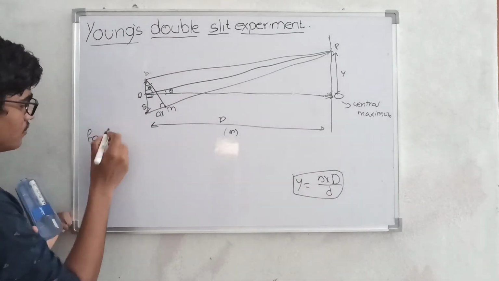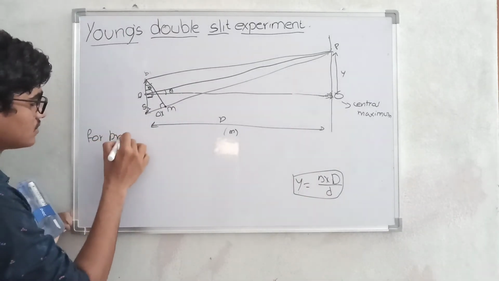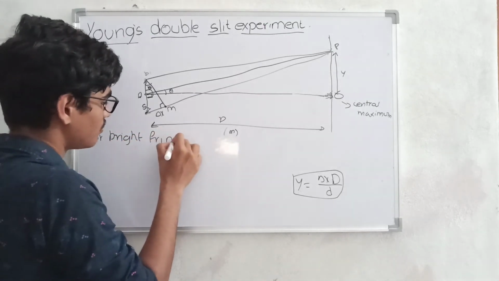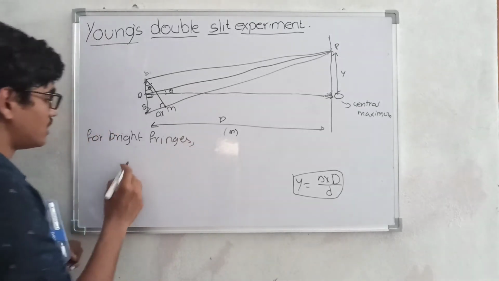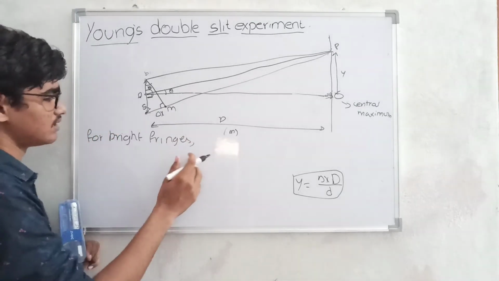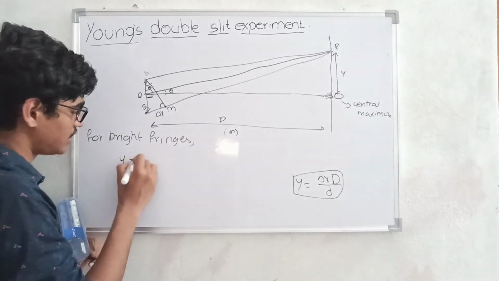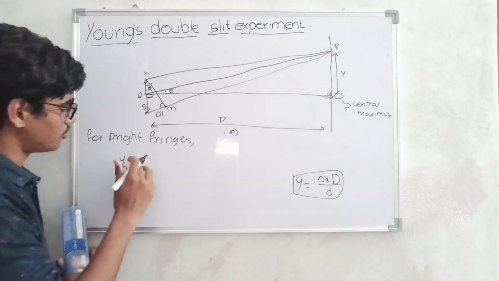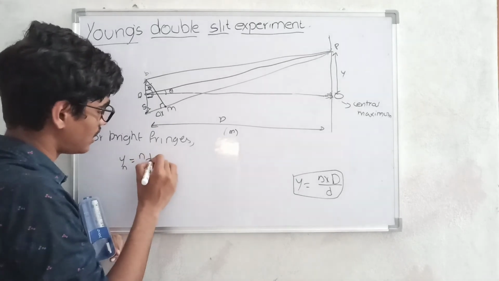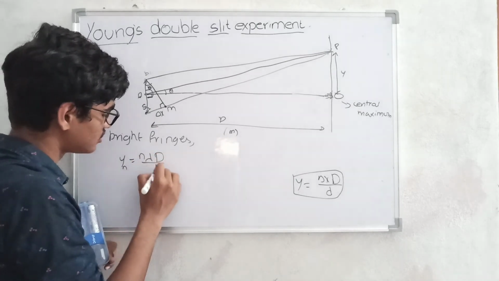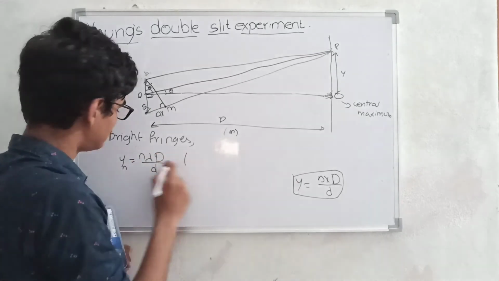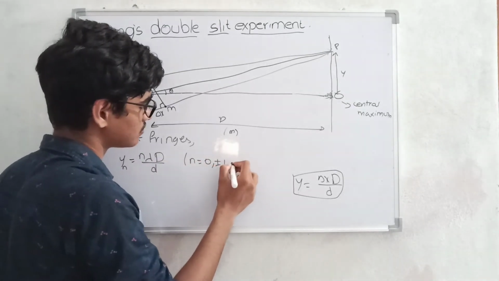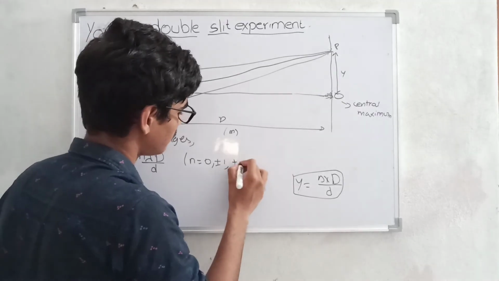For bright fringes, that means maxima, we know that path difference is n lambda. That means y for the nth maxima position is n lambda capital D by small d, where n is equal to 0, plus or minus 1, plus or minus 2.